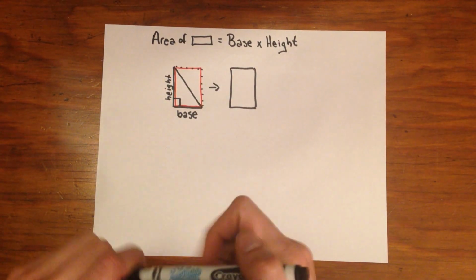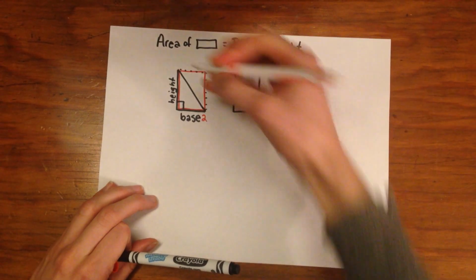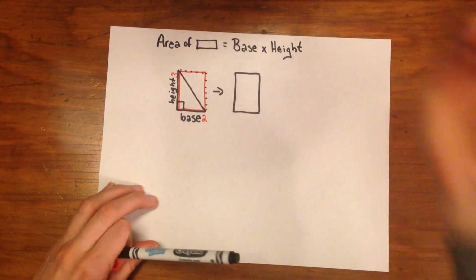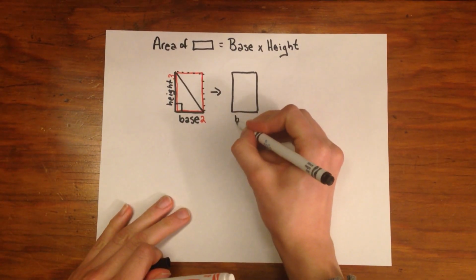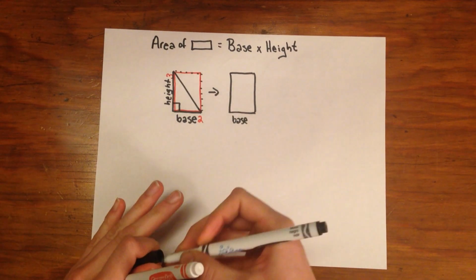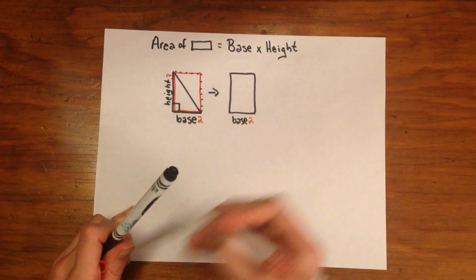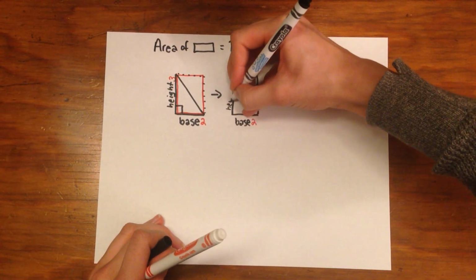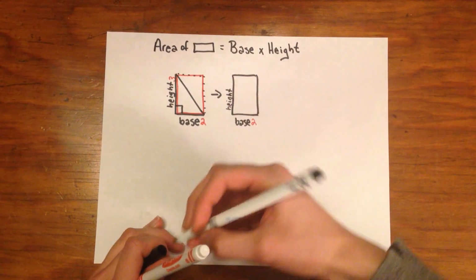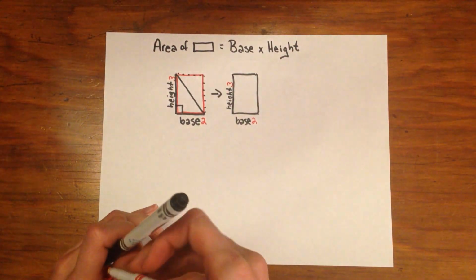And we can put in some values for our base and our height. So let's say that our base is 2. Let's say that our height is 3. So that means that our base over here is also going to be 2, because we're just transferring it from over here. And our height over here is also going to be 3, because we're just transferring that height over there.